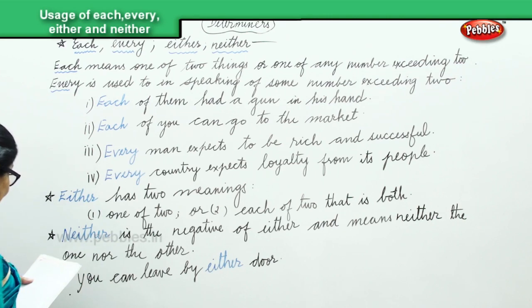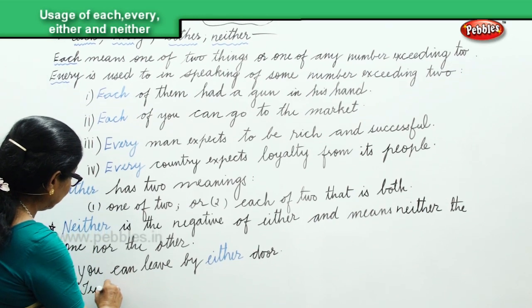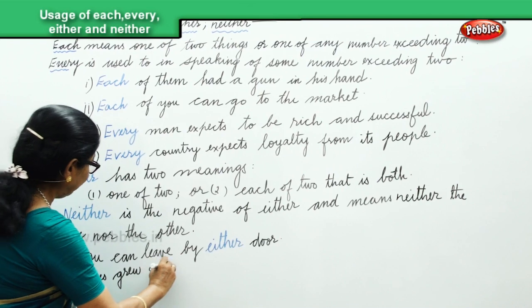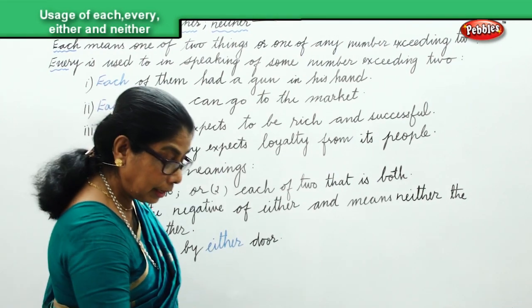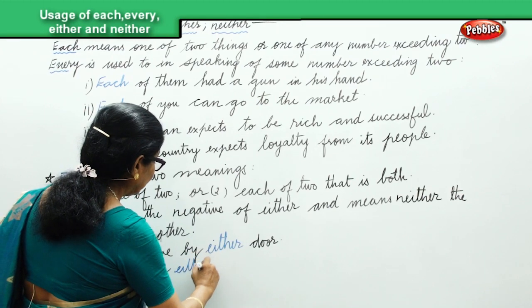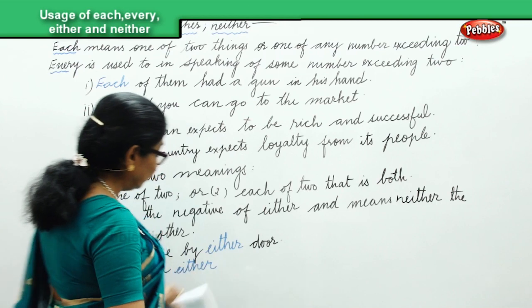Next, we say trees grew on either side of the road.